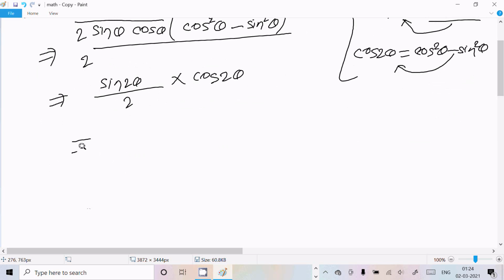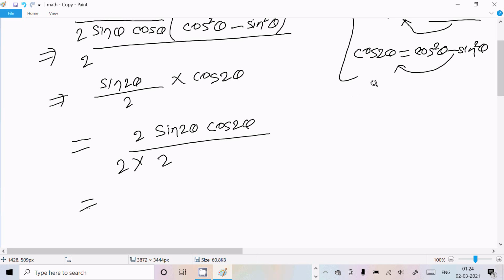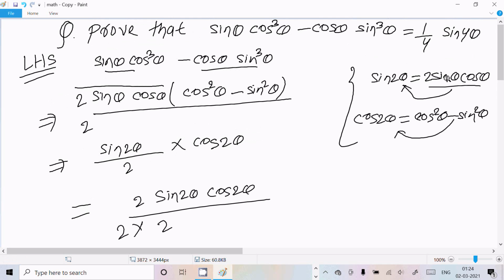Now hereafter it becomes sin 2 theta into cos 2 theta. If I multiply 2 on the numerator, we need to multiply 2 with the denominator. Now here again, 2 sin theta into cos theta is sin 2 theta.